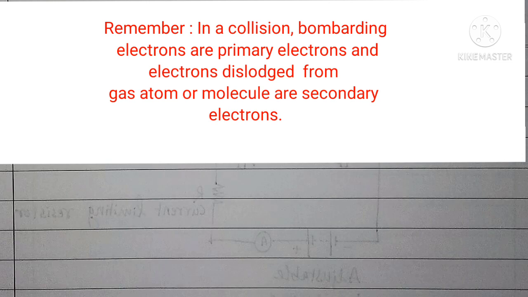Remember, in a collision, bombarding electrons are primary electrons and electrons dislodged from gas atom or molecule are secondary electrons.